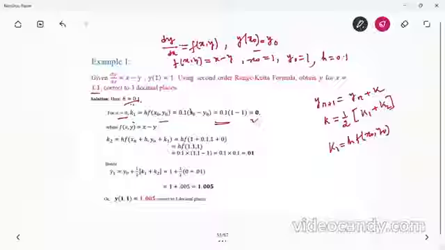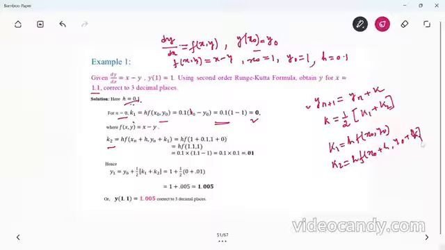Similarly, we can calculate k2 with this formula: k2 equals h f(x0 plus h, y0 plus k1). k1 is already calculated, so we can easily find y0 plus k1.